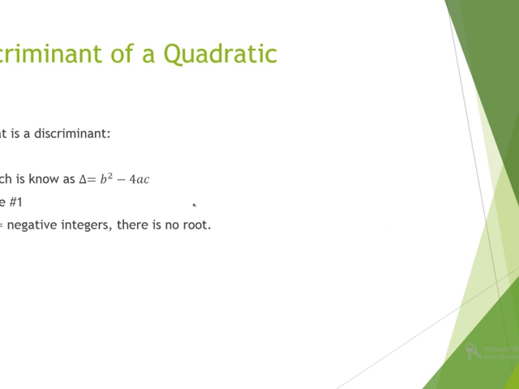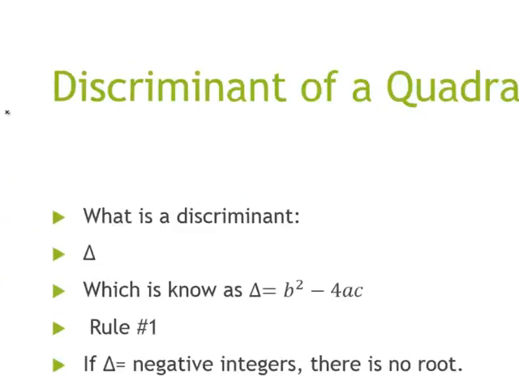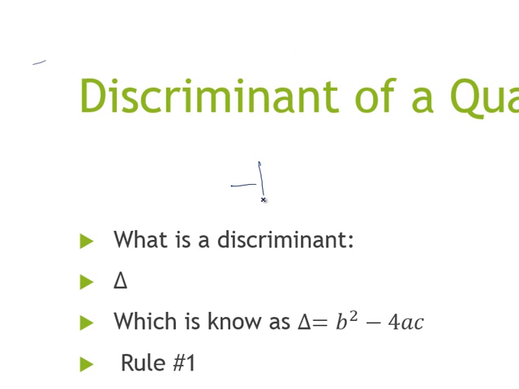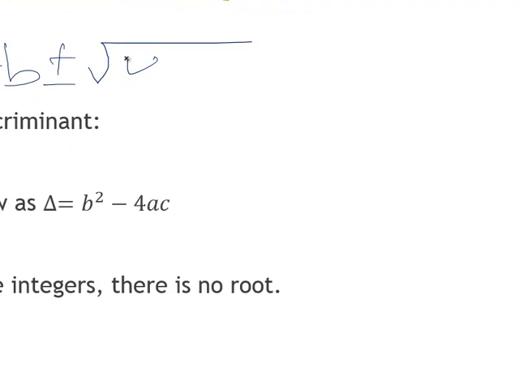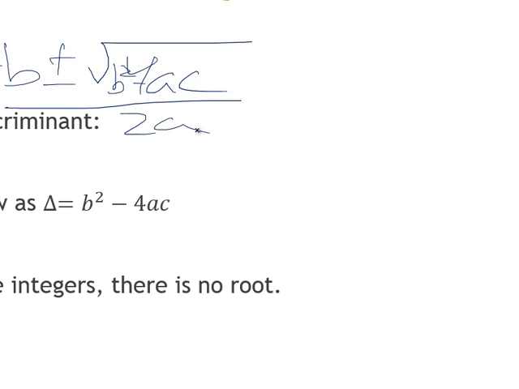Now, we learned about the quadratic formula, which is negative b plus and minus root of b squared minus 4ac, divided by 2a.